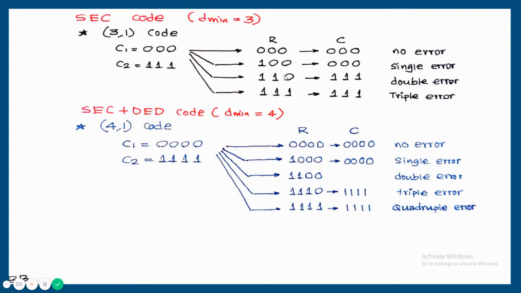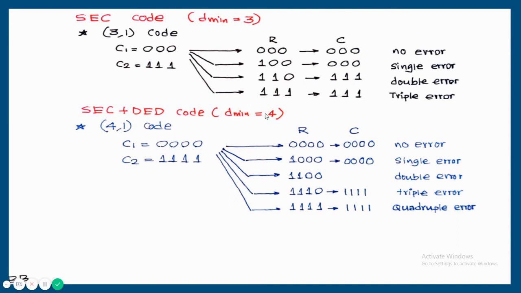Due to that reason, receiver will do error correction and get a wrong answer. After 3-bit errors, receiver is not able to detect error and output will be 111. That is also a wrong answer. So here the capability is only 1-bit error can be corrected.